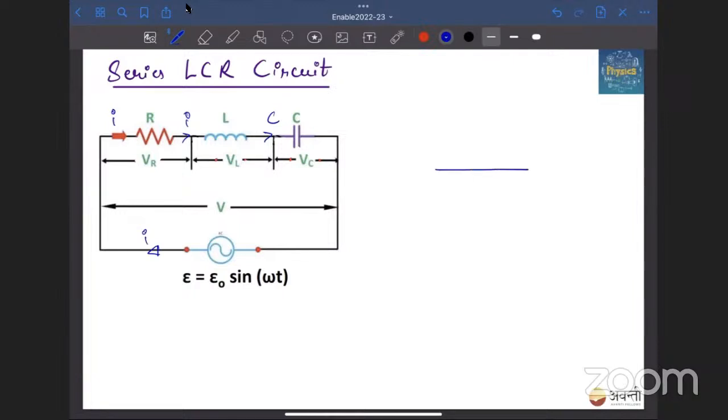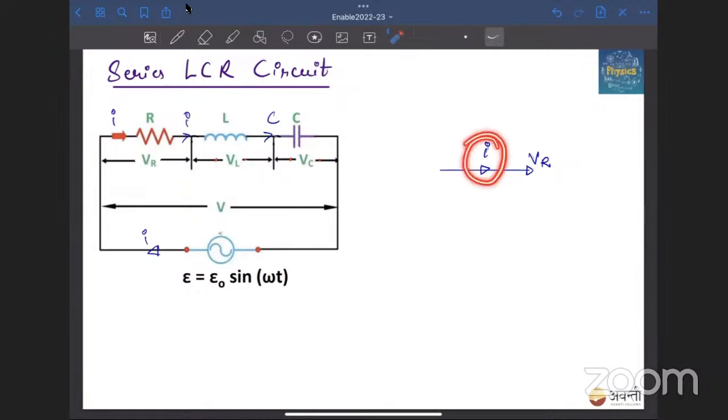Chalo. So in series LCR circuit, bachcho, if I talk about the voltage across resistance, so here is the voltage across resistance, let's say, okay, on x-axis. So current across resistance will be in the phase of voltage across resistance. So I made the phasor of resistance. Now, if I talk about inductor, in inductor, the current is lagging than voltage, right?